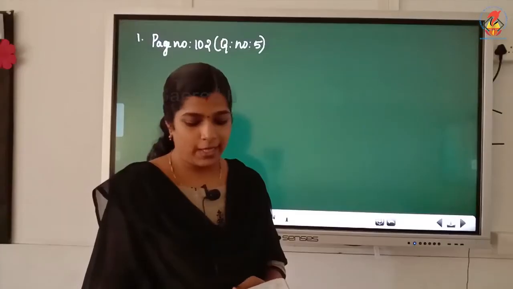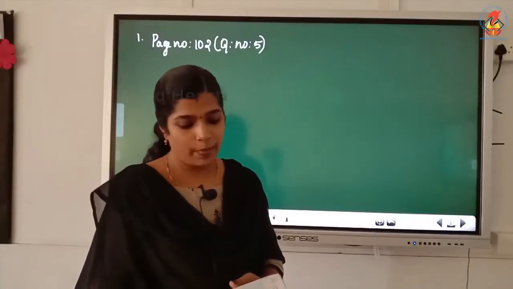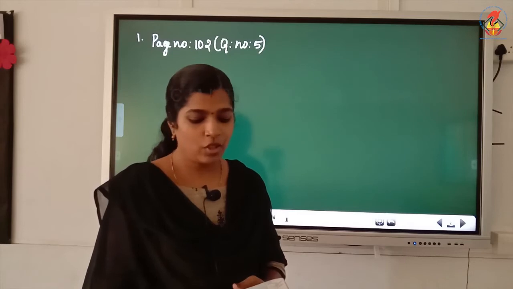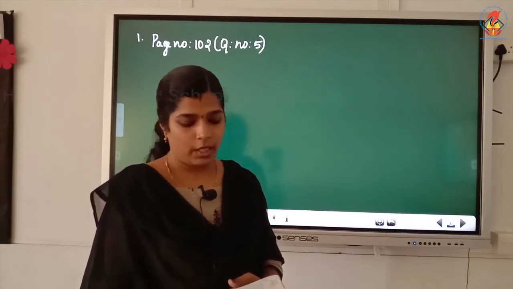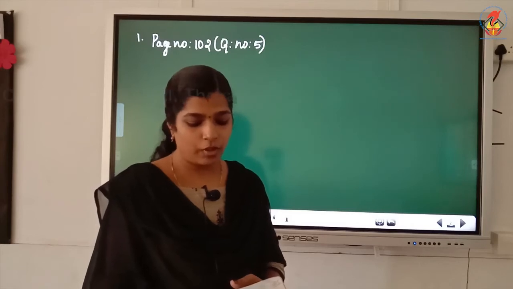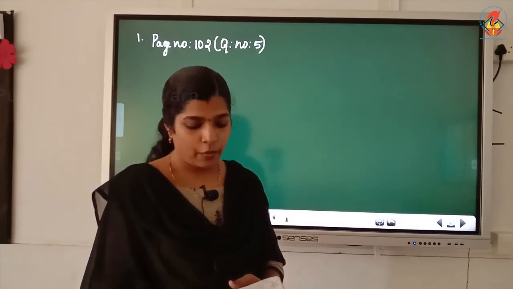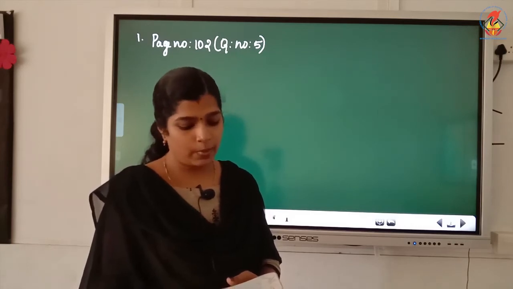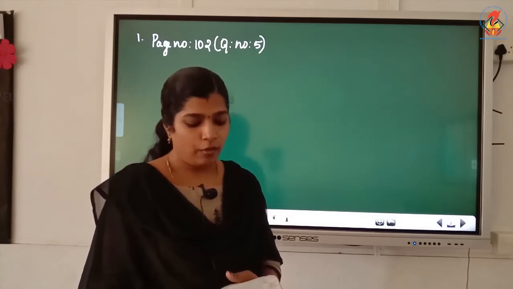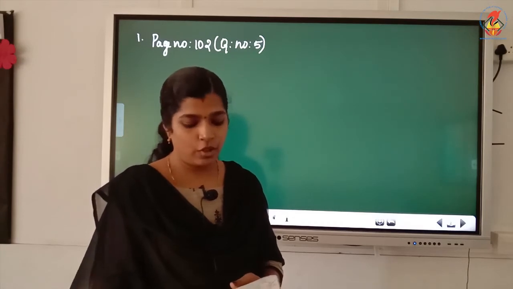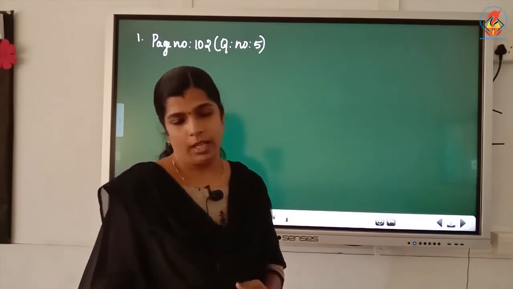During an experiment, a signal from a spaceship reached the ground station in 5 minutes. What was the distance of the spaceship from the ground station? The signal travels at the speed of light, that is 3 into 10 raised to 8 meter per second.